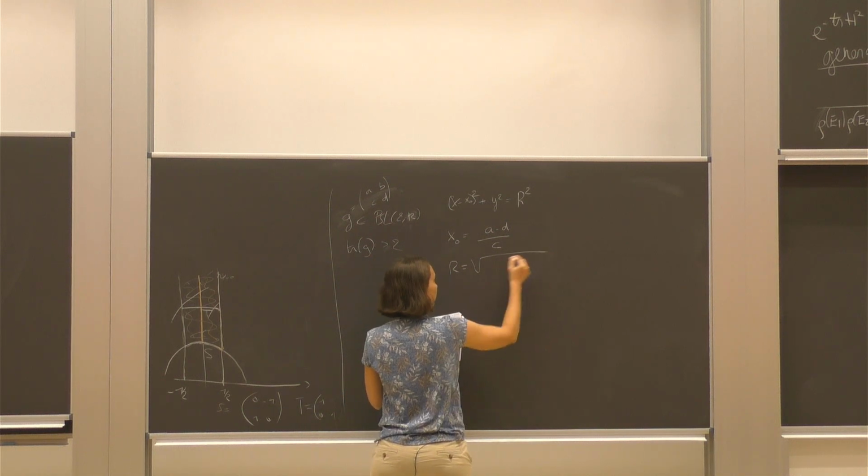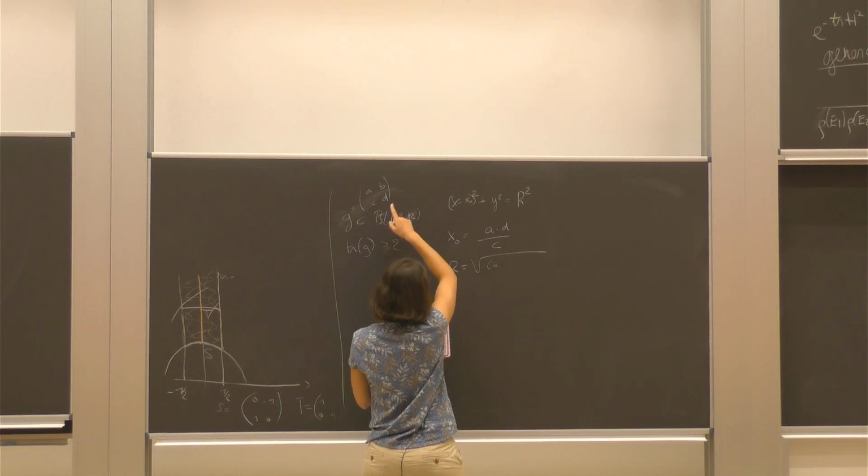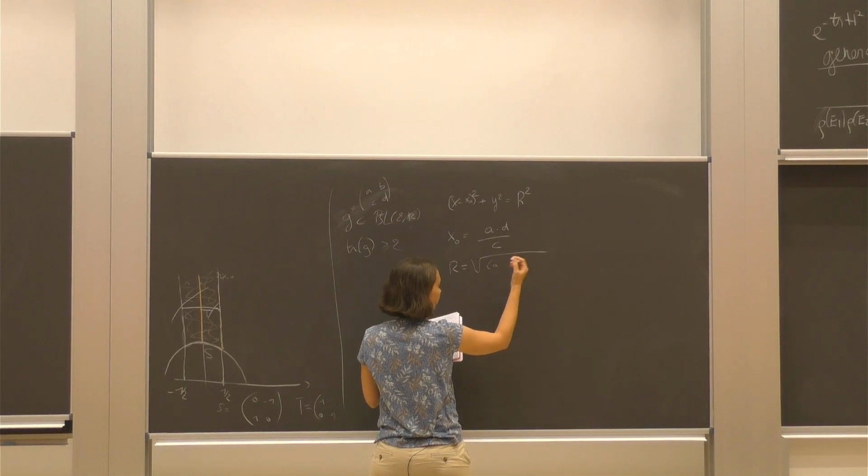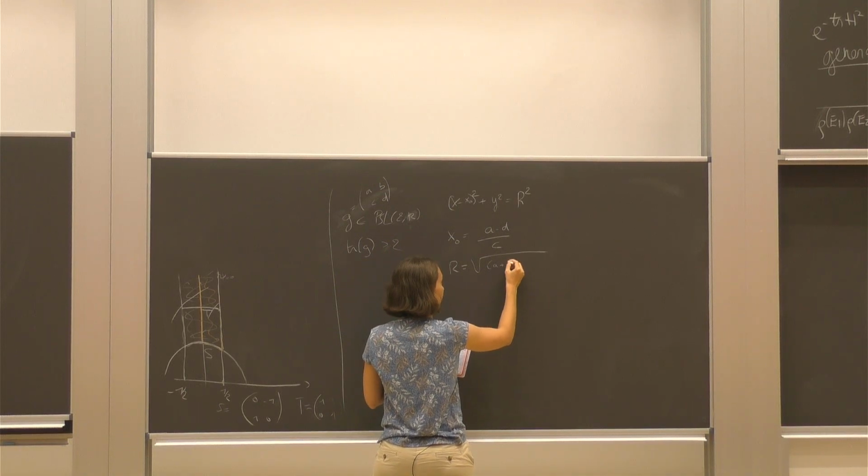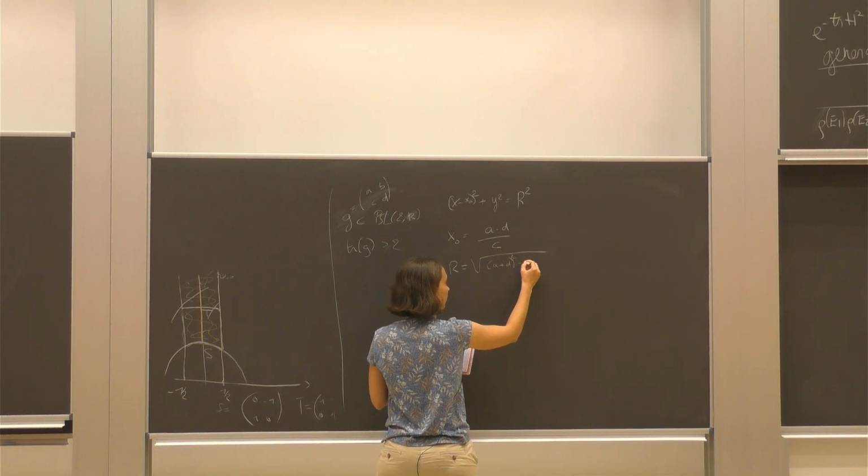Here I'm removing the b, expressing it as a function of the other two using the determinant condition.